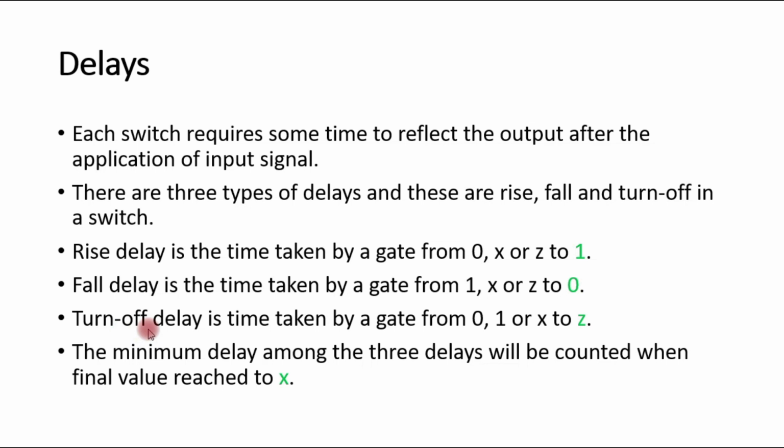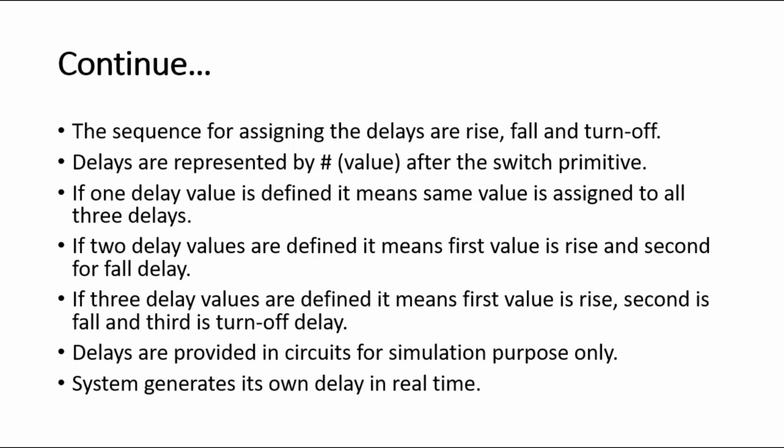In case of turn-off delay, the final output signal reaches the Z value from 0, 1 or X. So it is the time difference when the output signal reaches Z from 0, 1 or X values. When the final output signal reaches the X value from any value, the minimum of these three delays will be considered. And there is a proper sequence for assigning the delays in Verilog.